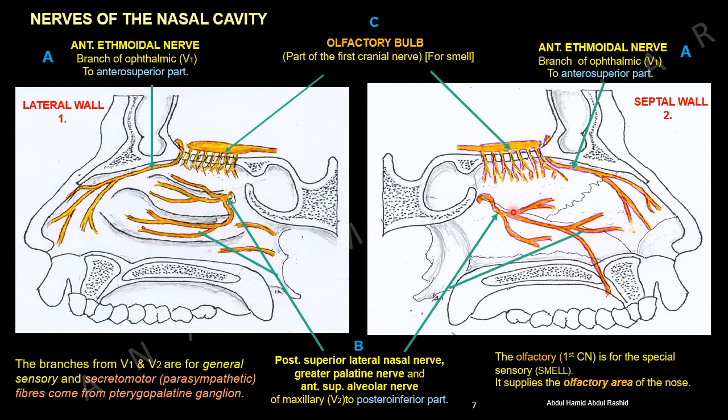The posterior-inferior part of the nose developed from the maxillary prominence and its nerve is the maxillary nerve. So the nerves which supply this area come from the maxillary nerve. They are the posterior superior lateral nasal nerve, greater palatine nerve, and anterior superior alveolar nerve.